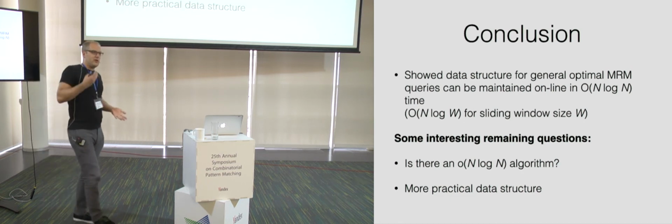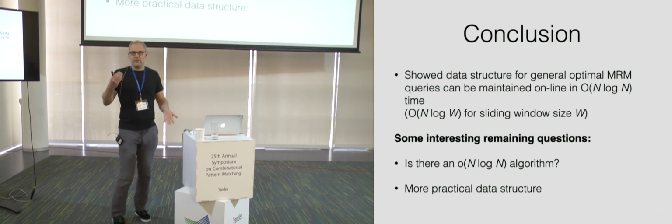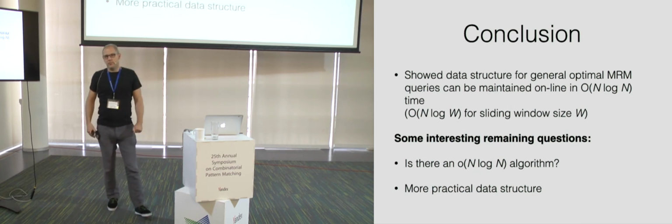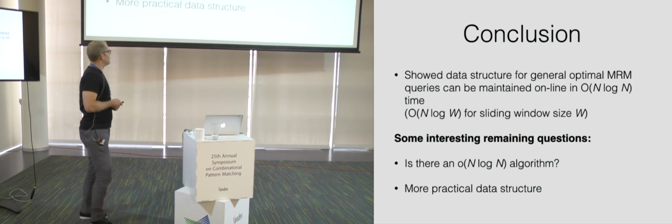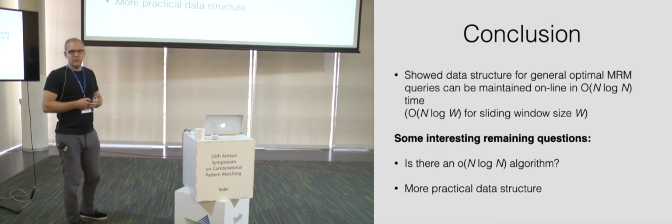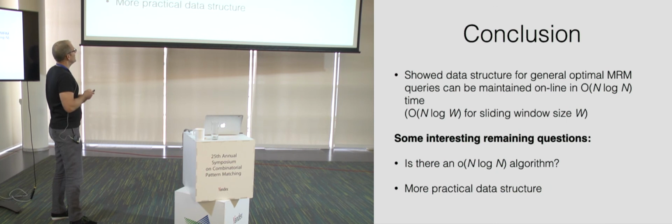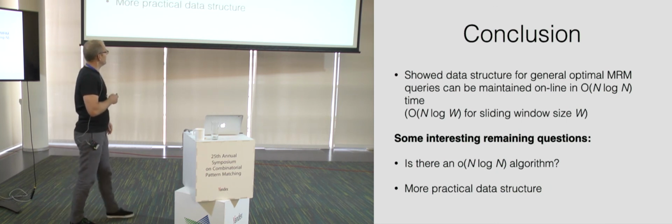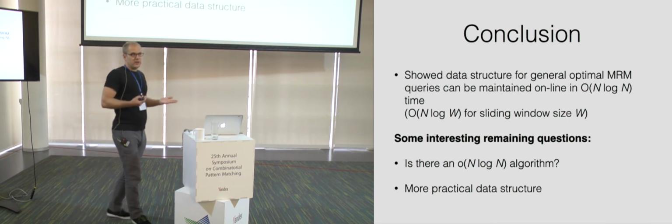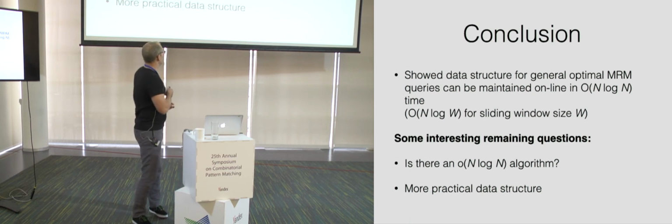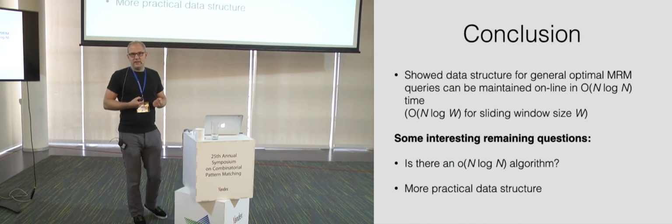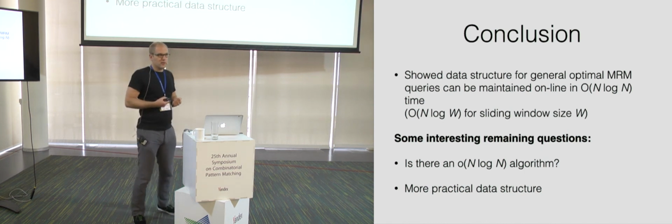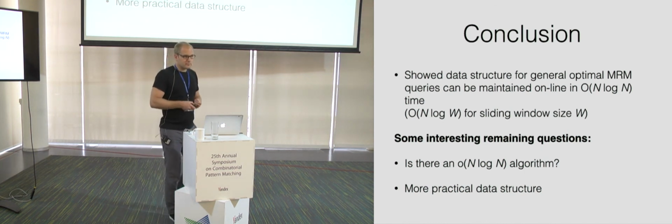Here we use dynamic lowest common ancestor stuff and things that are pretty difficult to implement, and I'm not sure that somebody would actually use this in practice for this problem. So there's still some interesting things to do here: to find a practical data structure, lower the log n bound, or prove maybe an upper bound. It's not clear if this can be done in linear time or not. Okay, thank you.